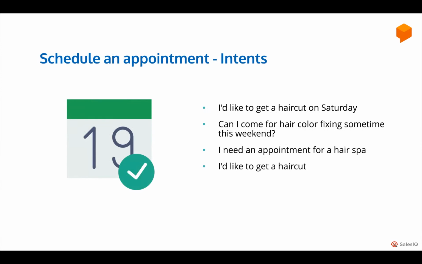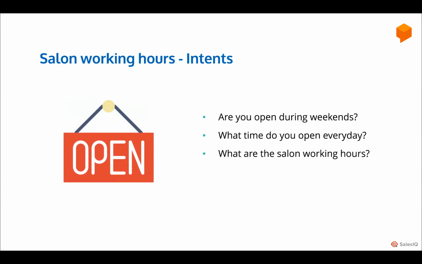And then we can have an intent for scheduling an appointment, and also we can have for salon working after this. Configuring intents is totally up to you. So you can configure intents based on the requirements of your own website.